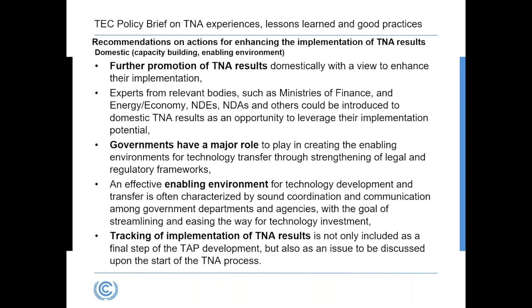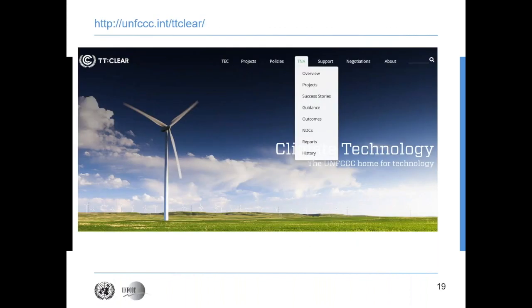And last but not least, the information barrier is mentioned all the time, but in terms of theoretical supply you have a great amount of information available at UNEP UDP, where Sara spoke, and also at our homepage on TT Clear, where you can see all sorts of information under TNA, which I just highlighted, and in the first column you see the TEC meetings and the documents they are discussing.